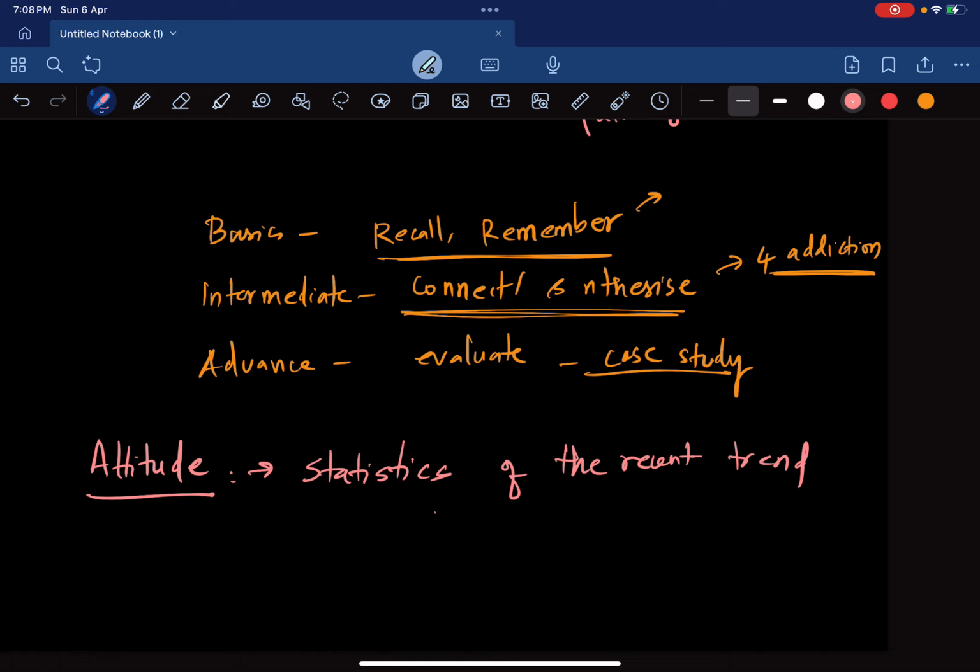How do they look at it? Do they look at it as a problem that they could address? What are the solutions that they come up with? Have they developed a sense of empathy towards the problem? Have they developed a sense of awareness towards this issue? Have they understood the gravity of the situation? These are some of the attitudes that I could test for.